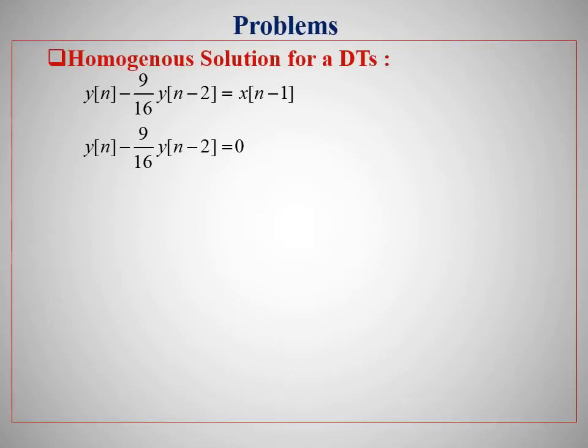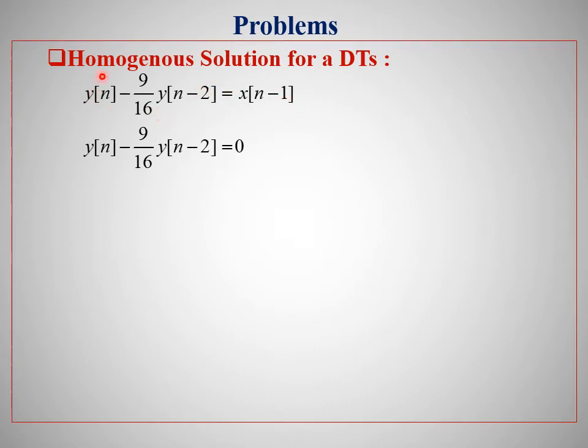Let us go on to the next discussion on homogeneous solution for discrete time systems. The expression given here is y of n minus 9 by 16 y of n minus 2 is equal to x of n minus 1.